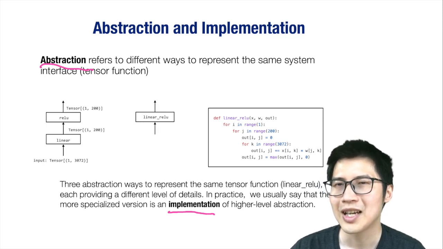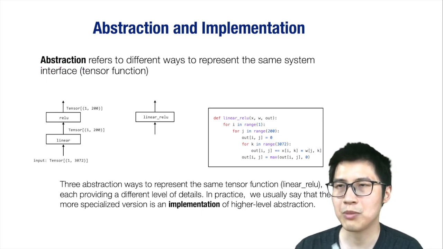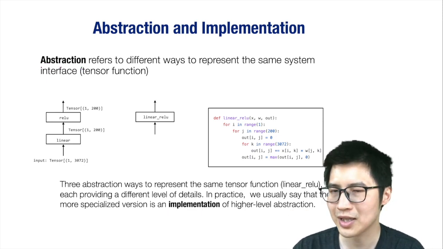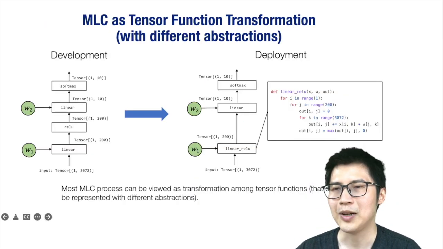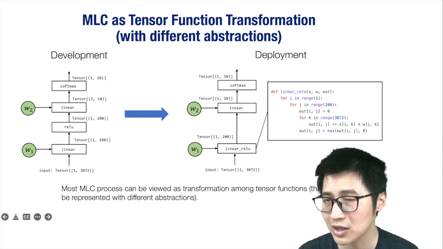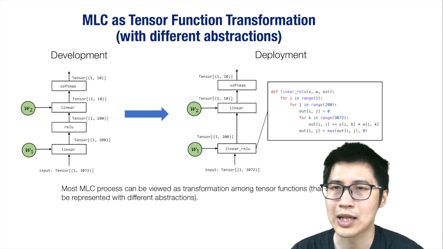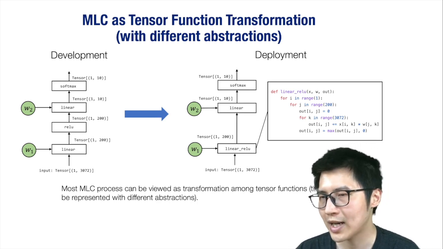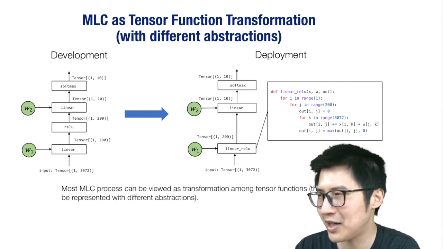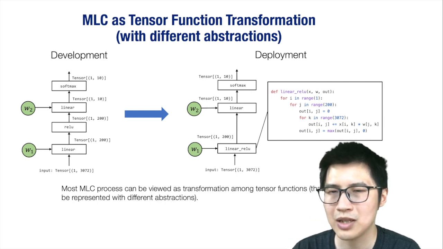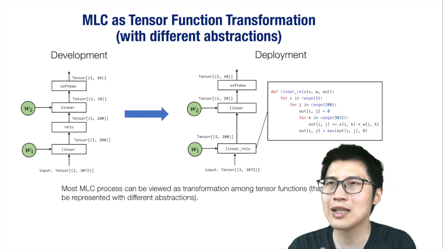And in a lot of cases, machine learning compilation is effectively a way of transforming among different tensor functions in different abstractions. Specifically, a lot of the things we're going to talk about in the next few parts of the lecture episode are about how we can take in tensor functions that compute among those tensors and transform them onto the deployment form, which are also tensor functions but may sit in different abstractions.